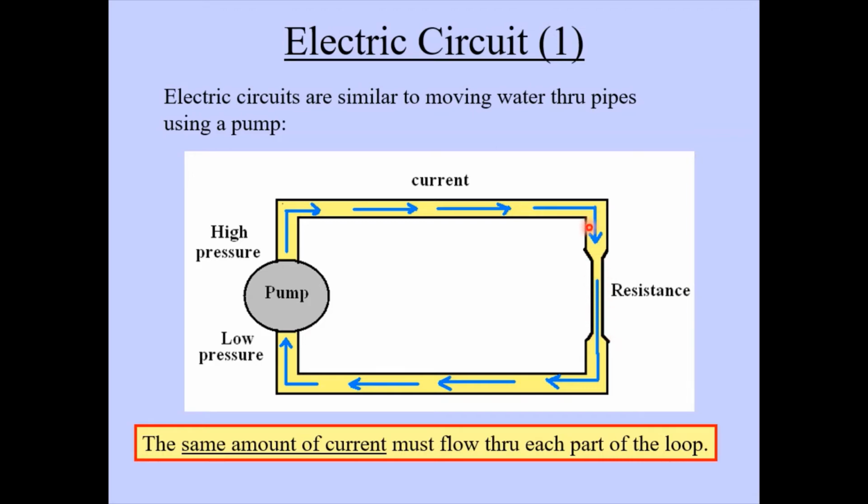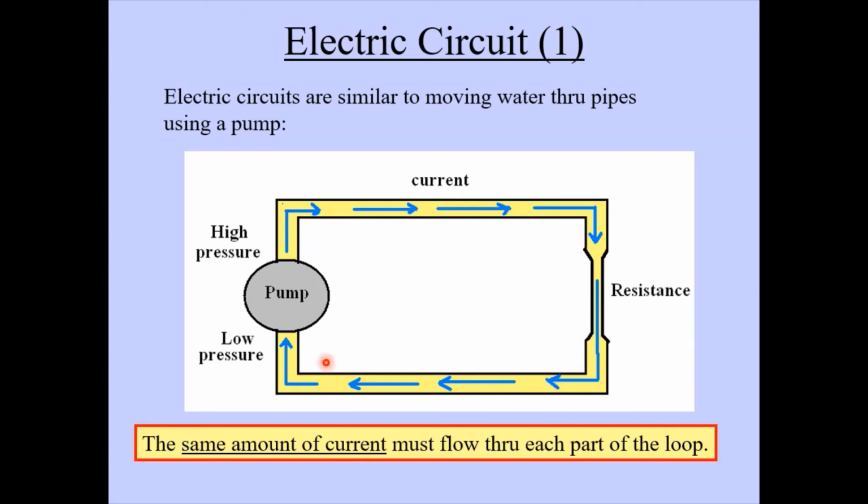And so it's harder to squeeze the water through this narrow part of the pipe. So this creates some resistance to the flow of the water. So this is what we call a resistance here. And then the water returns and it comes into this end of the pump, which is at low pressure. So notice the water is just circulating around and around this circuit. Okay, it's the same water being used over and over and over.